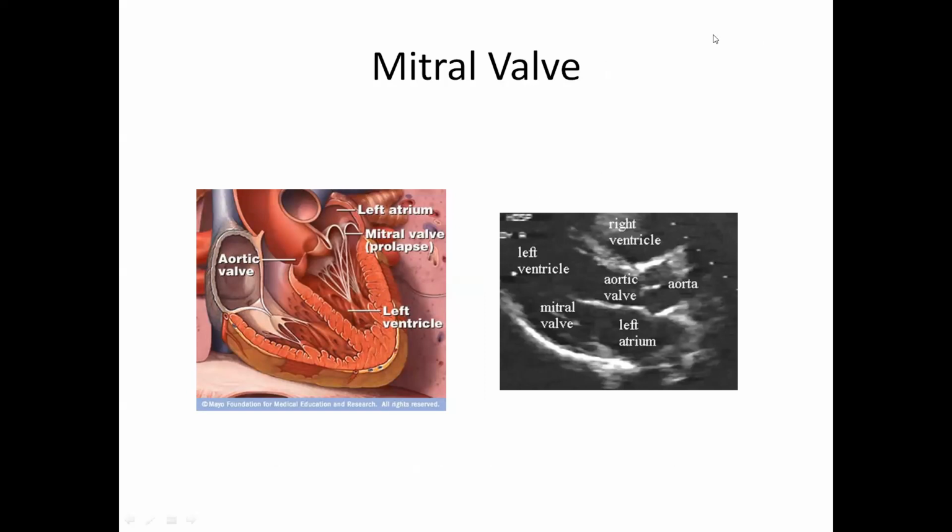This is the actual placement for the mitral wall: left atrium, mitral wall, and this is the aortic wall and left ventricle. In this picture, these are the various concerned positions: left ventricle, right ventricle, like this.